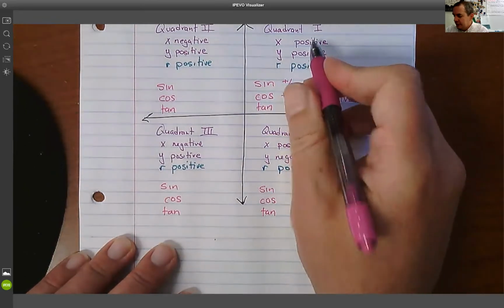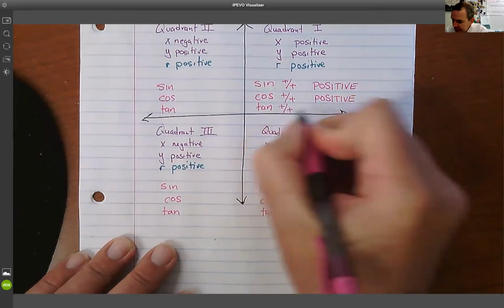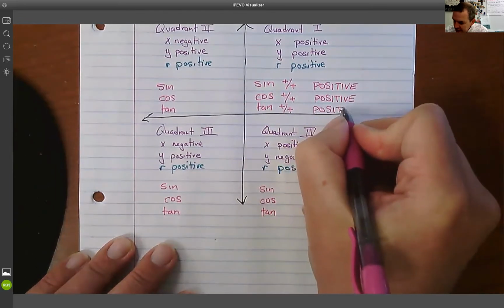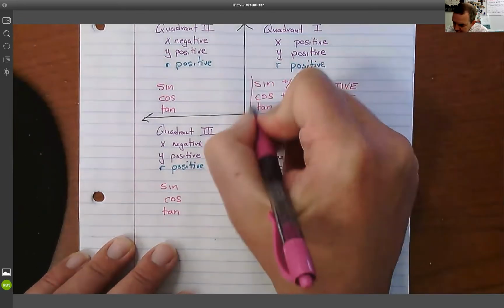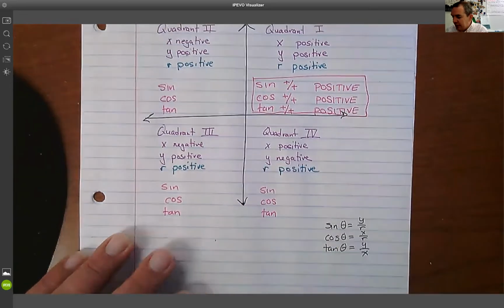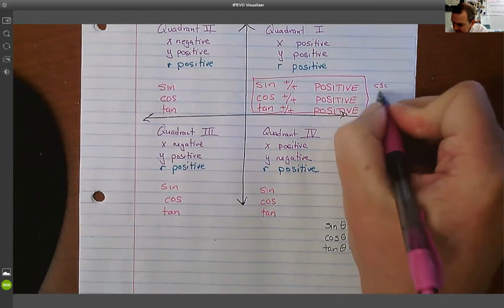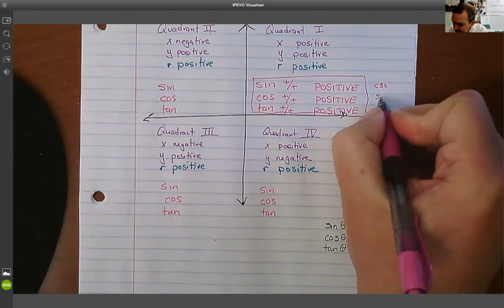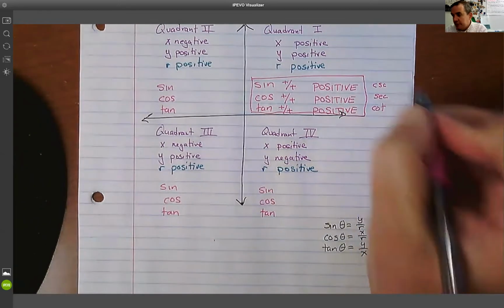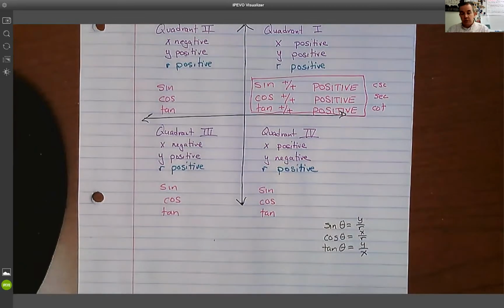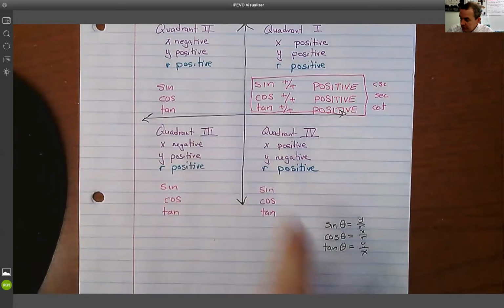Y is positive, x is positive, again a positive divided by a positive. That tells me tangent is also positive. So everything in here is positive: sine, cosine, tangent are all positive. And by extension, cosecant, secant, and cotangent are positive because all we're doing is flipping that fraction over.